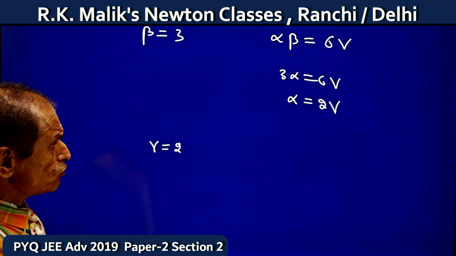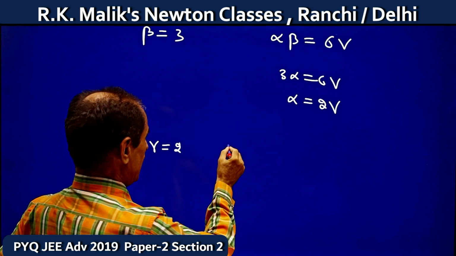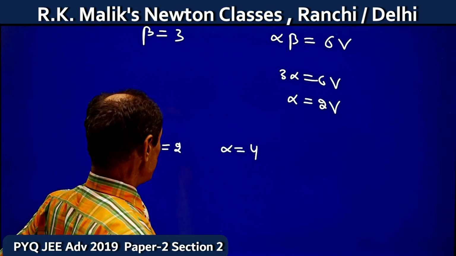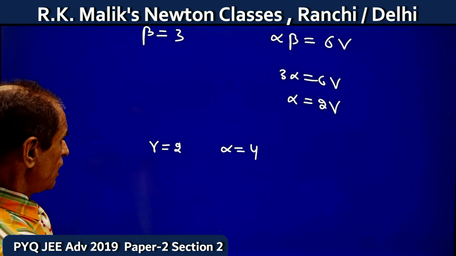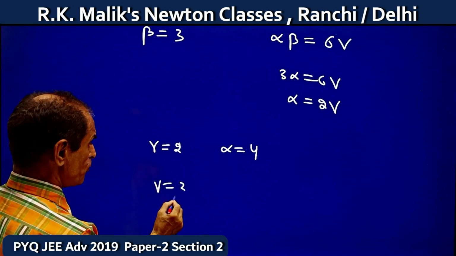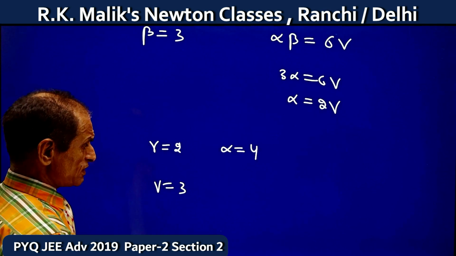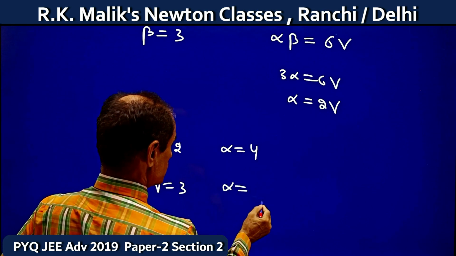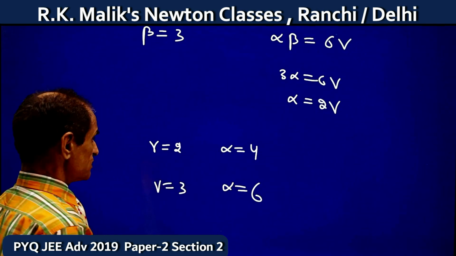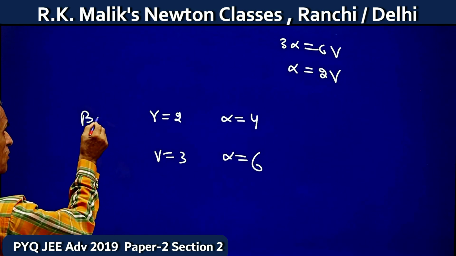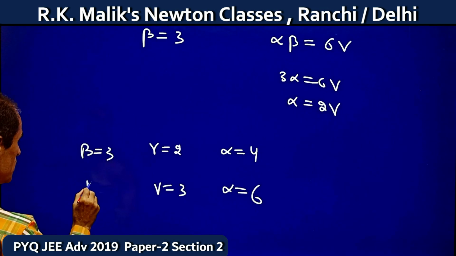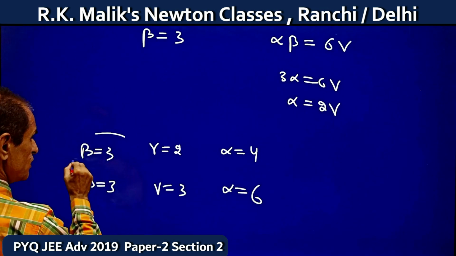If gamma equal to 2, then alpha will become 4 and beta is 3. And gamma equal to 3 is also possible because in that case alpha will become 6, beta is 3. Here beta is 3, here also beta is 3.